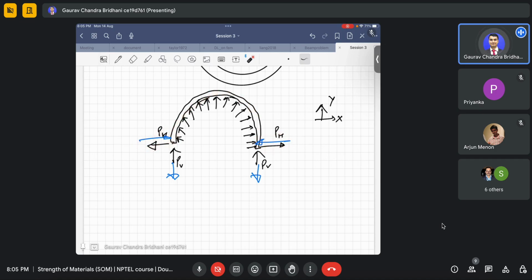When we are talking about this vertical force, this force P vertical, and these blue arrows, which are the reaction from the material, they will play the role in the resistance of that vertical force exerted by the internal pressure, represented by the black arrow PV.